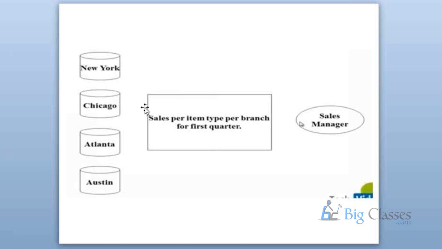If I am the sales manager of the company, I would like to analyze how the business is running across the whole USA. In that case, I have to first walk down to New York and analyze how the business is running. Then I have to walk down to Chicago and analyze there, and in the same way to Atlanta and Austin also.